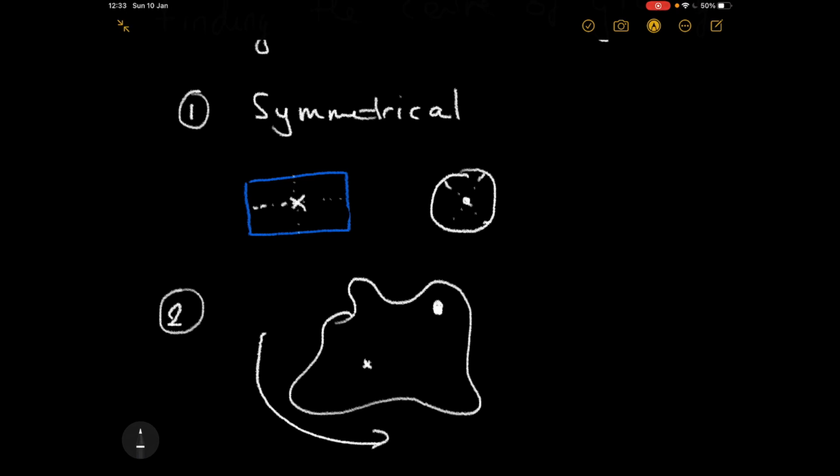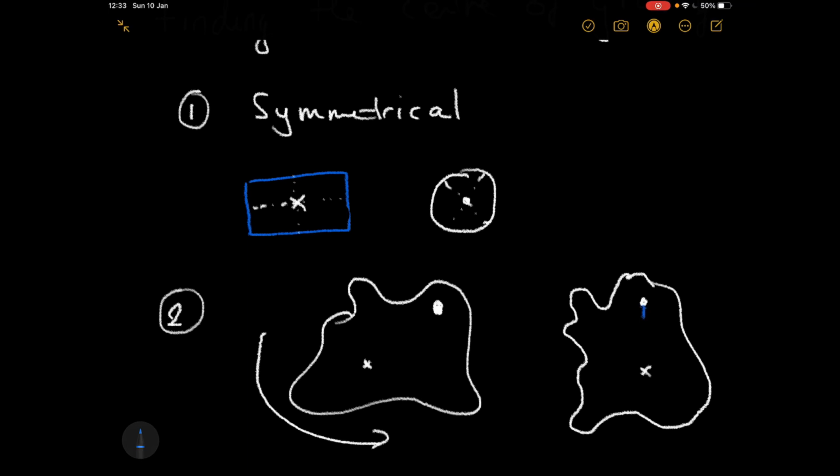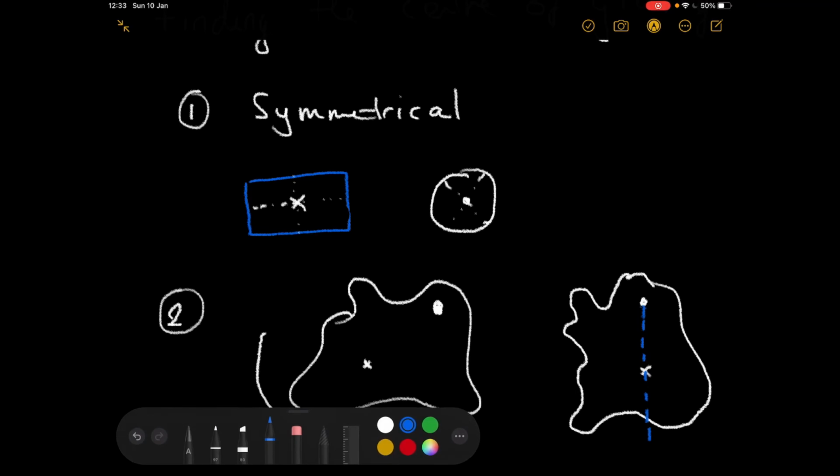Let's say the center of gravity is there. There's my pivot, and there's the center of gravity, and the center of gravity will run in a straight line beneath your point of suspension.